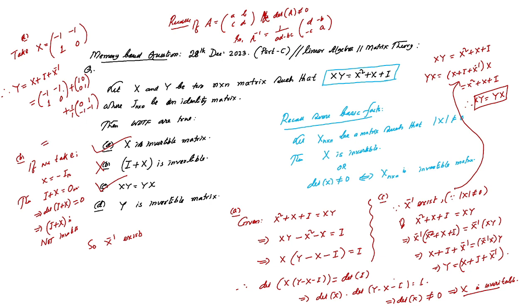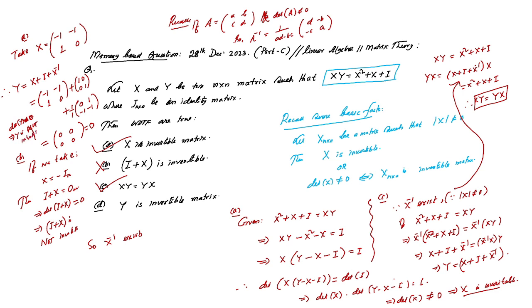So here we add all these matrices. What will we get? Minus 1 plus 1 plus 0, so this will be 0, and that will be 0, and 0 and 0. So Y is basically the 0 matrix, and hence det of Y equals 0, and hence Y is not invertible.